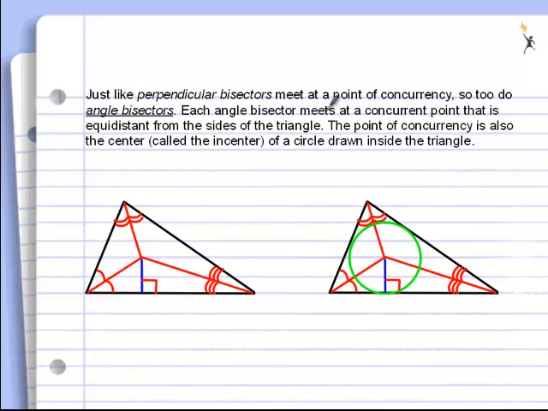Each angle bisector meets at a concurrent point that is equidistant from the three sides, just like this. The point of concurrency, which is right here, is also the center, called the incenter, of a circle drawn inside the triangle. And we call that an inscribed circle.